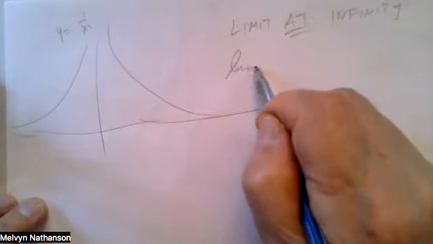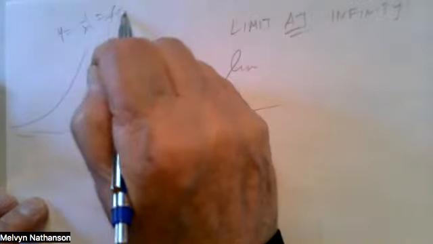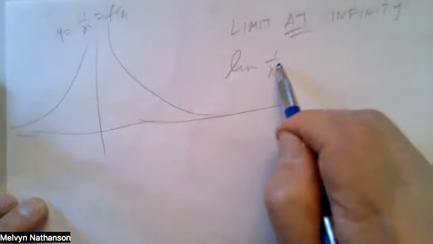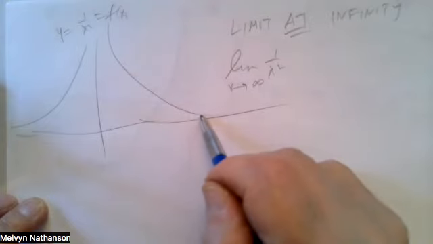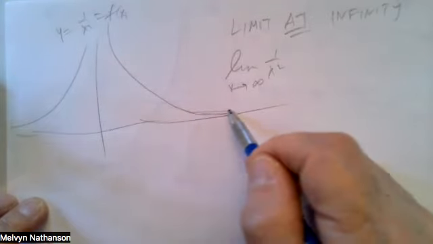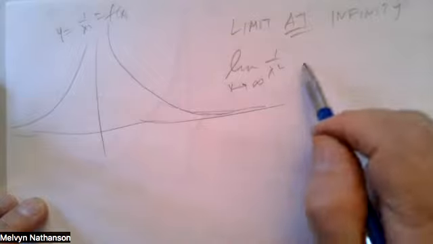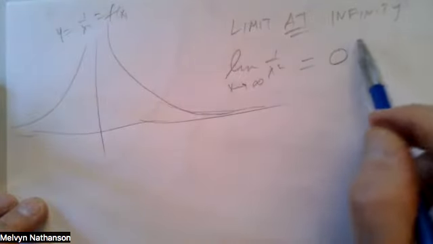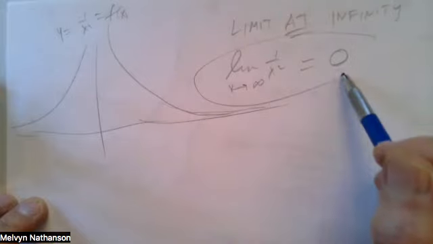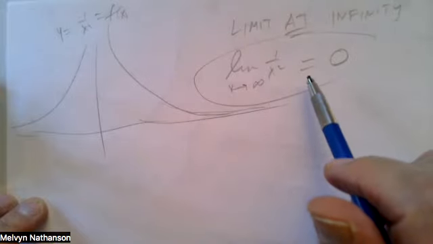We can ask about the limit. Let's call this function f of x. Well, that's the limit of 1 over x squared as x goes to plus infinity. Well, as you approach plus infinity, this function is decaying and approaches 0. So at infinity, this function has the limit equal to 0.